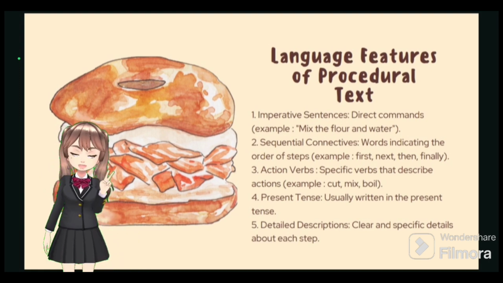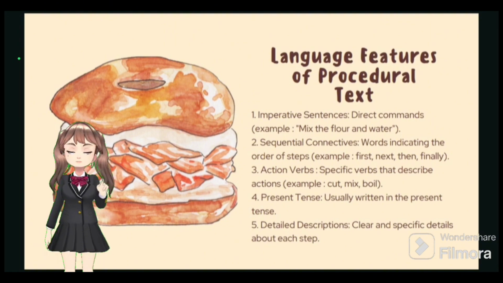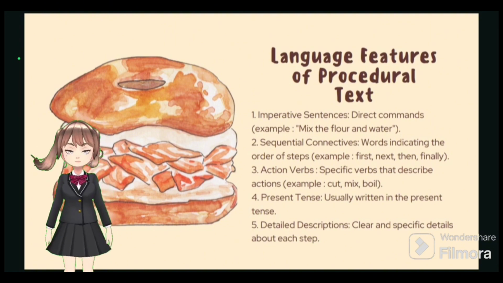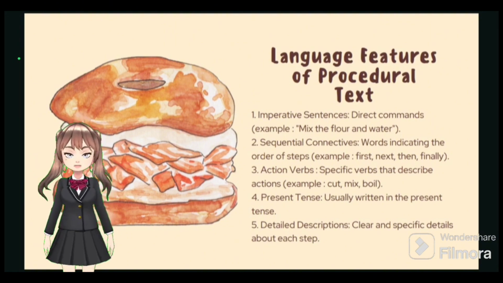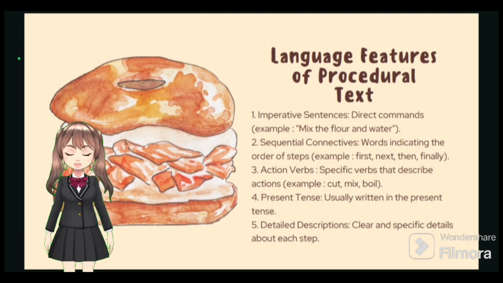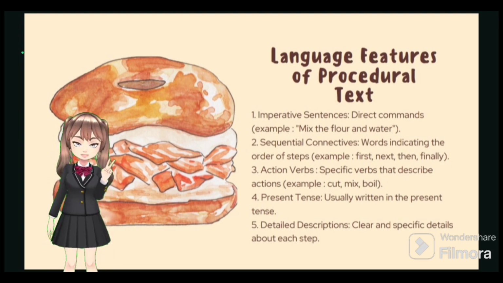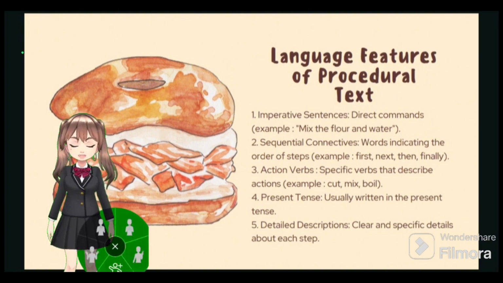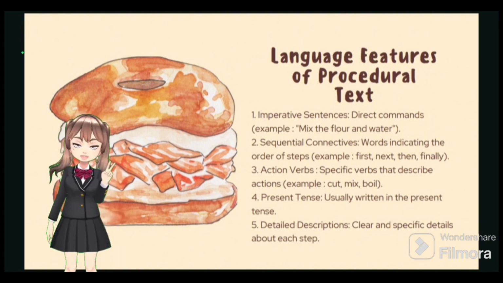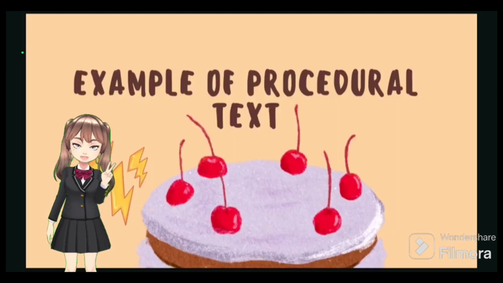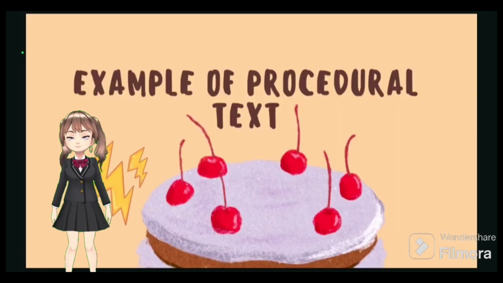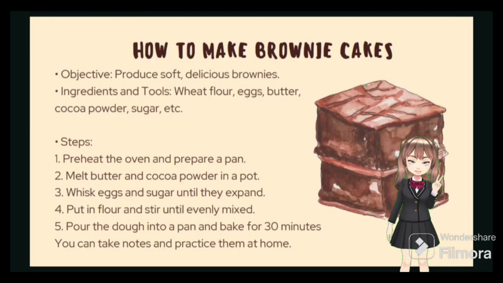And then action verbs, specific verbs that describe action, for example, cut, mix, boil. After that, the present tense, usually written in the present tense. The last, detailed description, clear and specific details about each step. The last example of procedural text, that is how to make balloon.